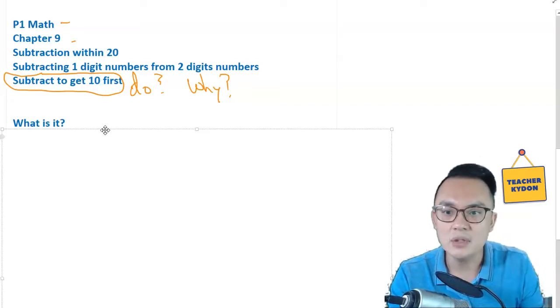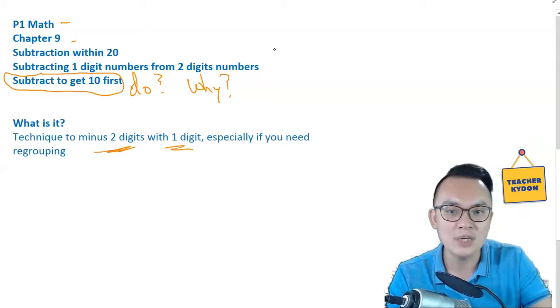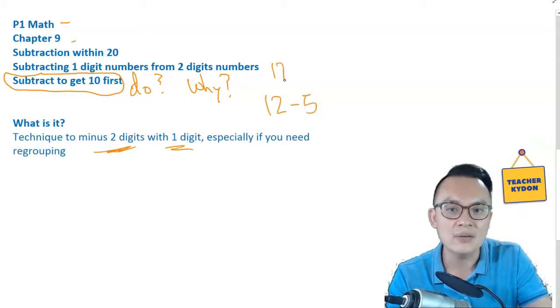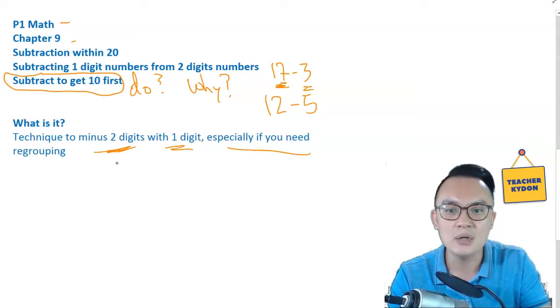So first let's look at what this subtracting to get 10 first is. It's basically a technique to minus one digit numbers from two digit numbers. So things like 12 minus 5 or 17 minus 3. Two digits over here, one digit over here. Especially if you need regrouping.